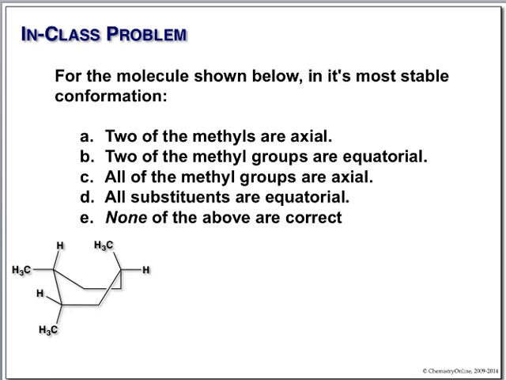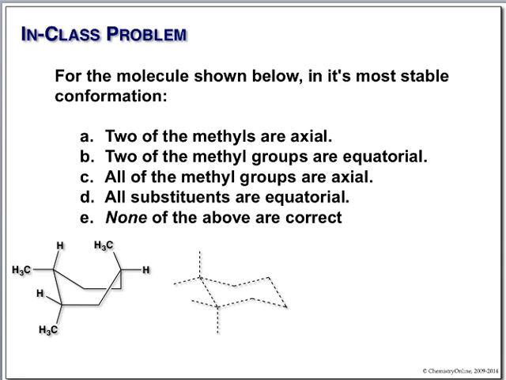In order to convert this into a chair, something like this, I'm just going to start with these two guys like this on carbons 1 and 2. So here's my skeleton, and I put in axial equatorial on 1 and 2. Now, let's look at our drawing here.